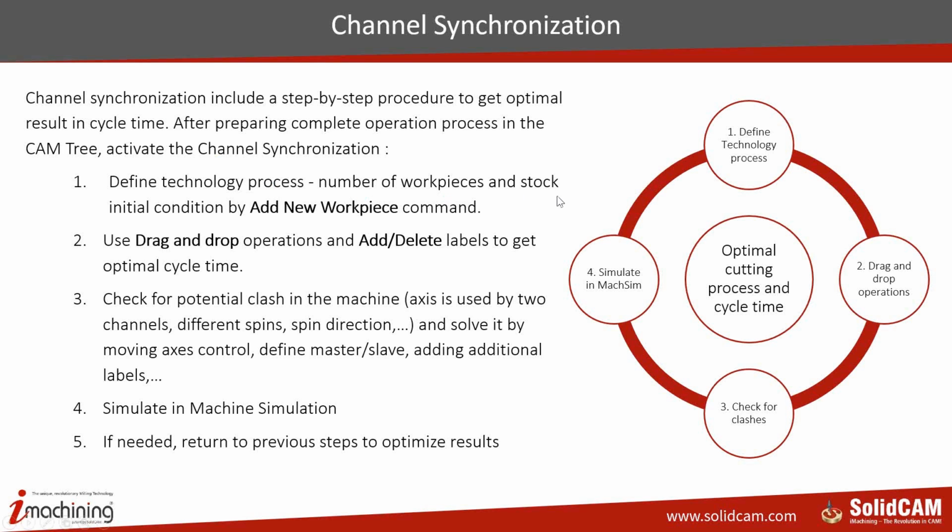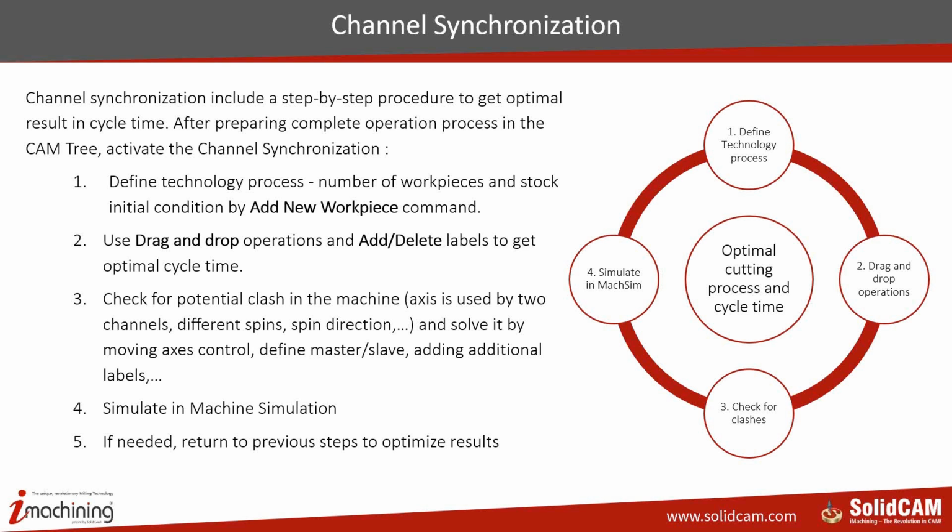What you need to do in the channel synchronization, first, which I also did, is add a new workpiece. The second step is to use the drag and drop option for operations, adding and deleting the labels to get optimal cycle time, right? This is what you'll now see in this presentation. After that, I click on the clash icon to see: do we have some axis sharing?